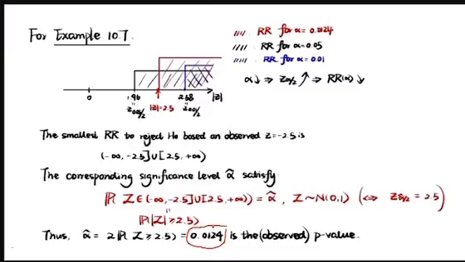The null hypothesis is always rejected when the p-value is less than the given level of significance. I told you the p-value is alpha cap and the level of significance is alpha, and if the p-value is greater, then it means we're going to fail to reject the null hypothesis.